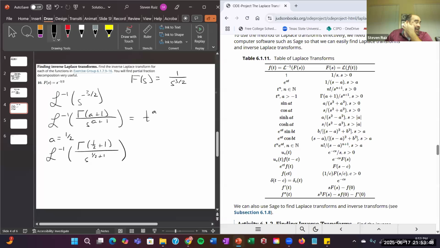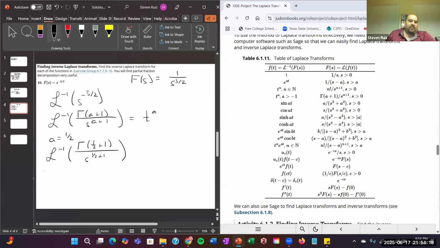Now, what the heck is that gamma? Think of this gamma function as like the factorial function, but more generalizable. The factorial function can only handle the positive integers and 0. The gamma operator can handle a wider variety: complex numbers, irrational numbers, rational numbers.